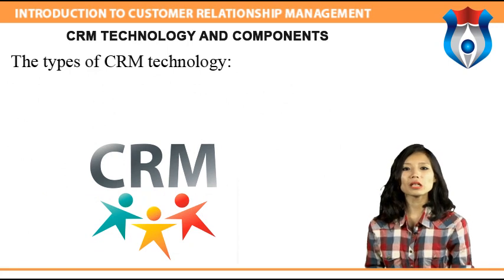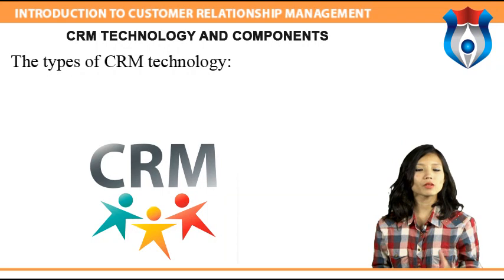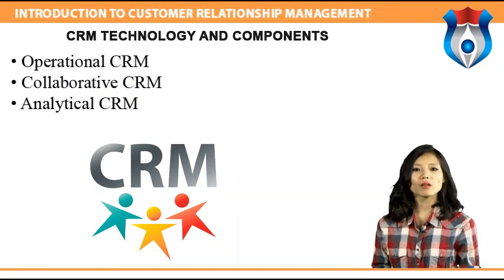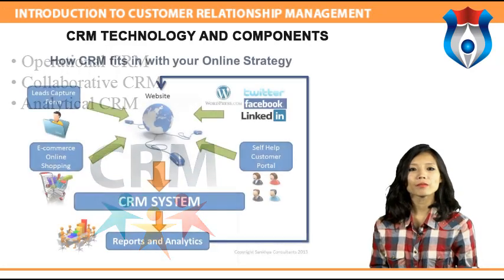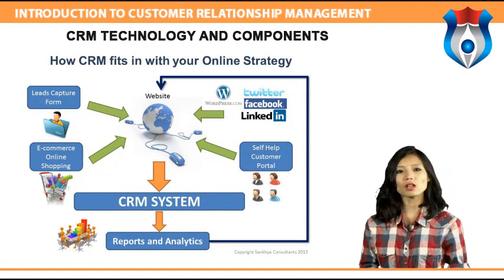Let us know the meaning of CRM technology and components. These are the following types of CRM technology: operational CRM, collaborative CRM, analytical CRM. These are described as follows. Operational CRM. This is an ERP-like segment of CRM.